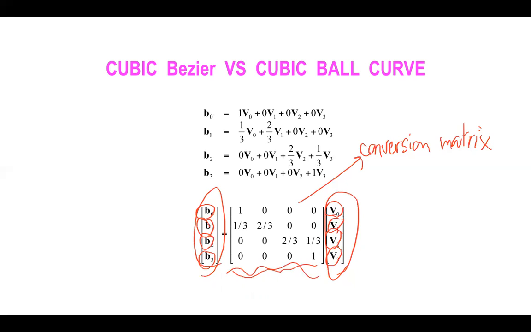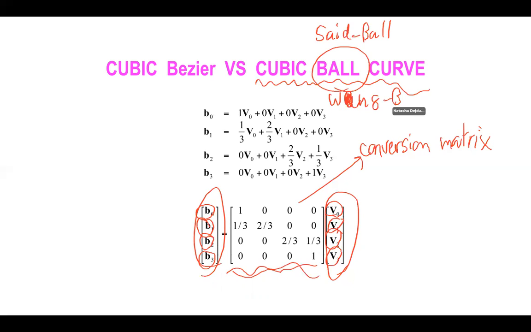Actually, this is a cubic side ball curve, or we can say that it is also a cubic Wang ball curve as well, because they share the same formula, the same polynomials.